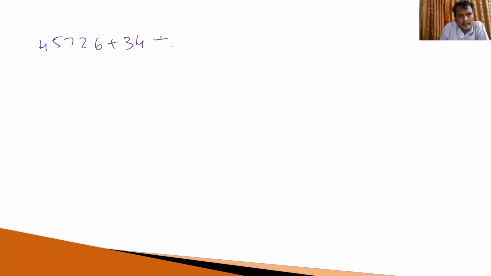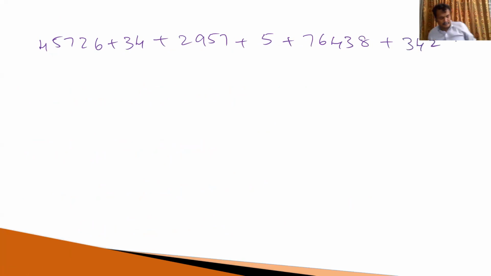So now, the application of digit sum. Suppose I give you one question, that is 4, 5, 7, 2, 6 plus 3, 4 plus 2, 9, 5, 7 plus 5 plus 7, 6, 4, 3, 8 plus 3, 4, 2.